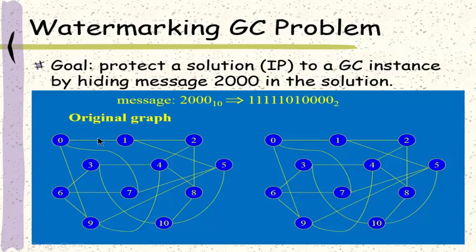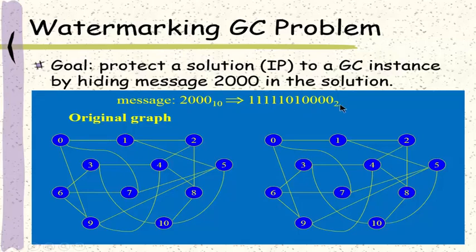And what we do is hide a message, 2000, into the solution to achieve such protection. The first thing we do, as we showed previously, is convert our signature or our message into binary. In this case, the decimal number 2000 will be converted into a binary bit sequence here.